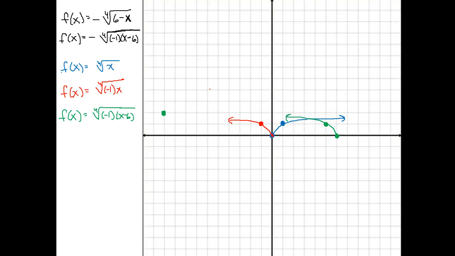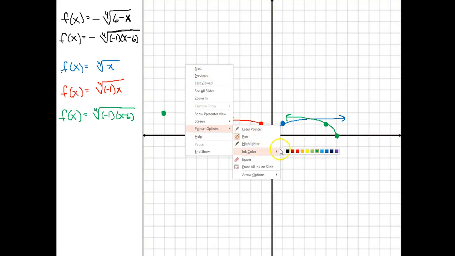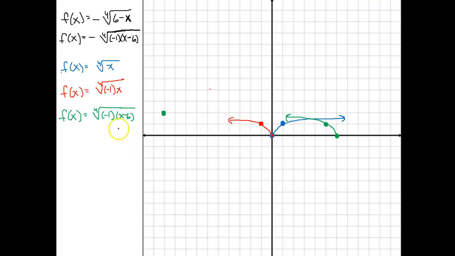And then finally, I'll do black. Finally, we've got the negative outside, which reflects across the x-axis. So this point stays here, reflect across the x-axis, reflect across the x-axis, and you end up with this.